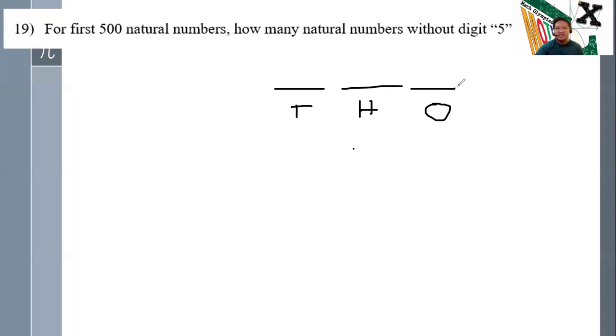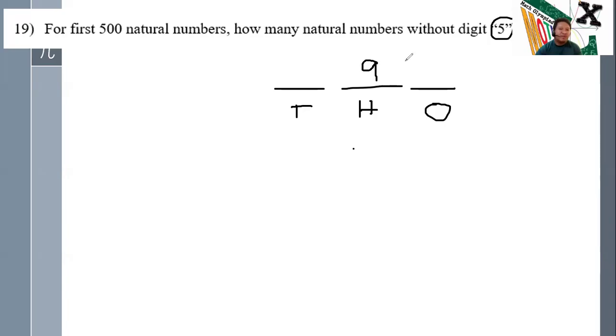As you can see, we cannot use a digit 5. Because of that, in the tens place we can use 9 digits: 0 to 9 except for 5.